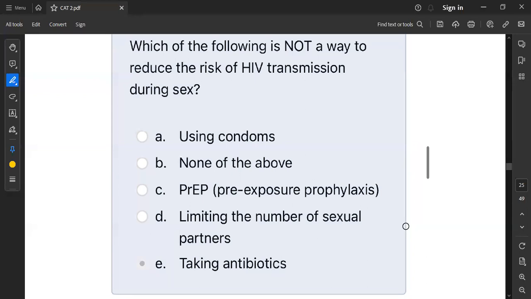I think we should know HIV is a virus and antibiotics have no effect on viruses, right? It's basically meant for bacteria. HIV is a virus, so it's basically pouring water on fire. We move to the next.